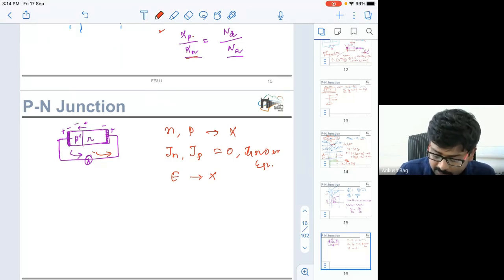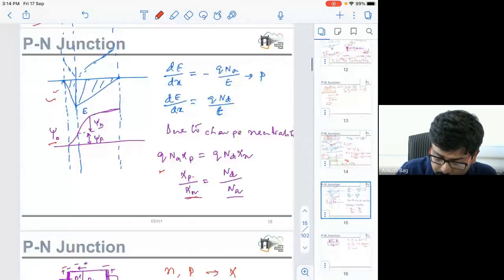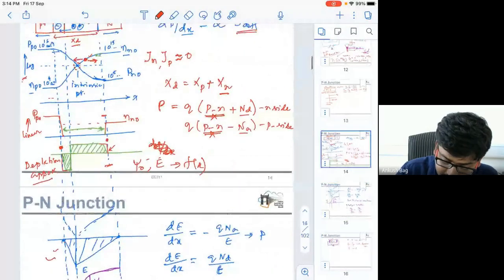There will be some potential developed at the metal-semiconductor junction if we connect this PN junction with an external circuit, and Jn and Jp, the electron current density and hole current density, will be zero, because of carrier diffusion as well as carrier drift, which we have understood from here.